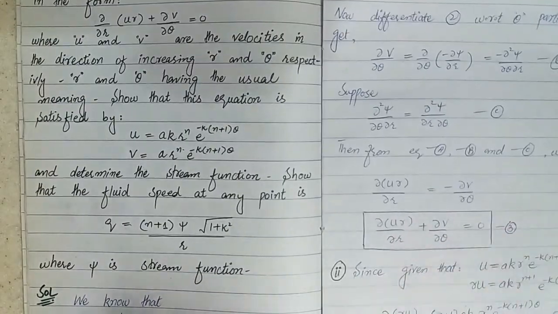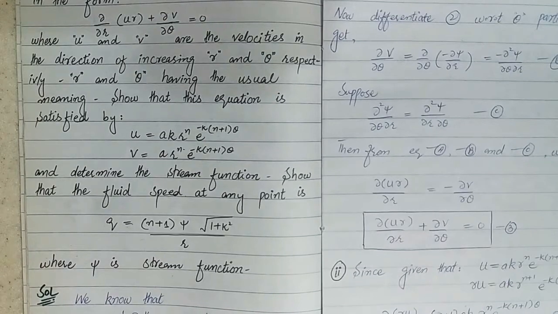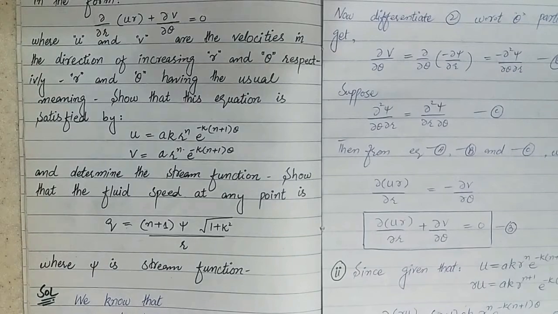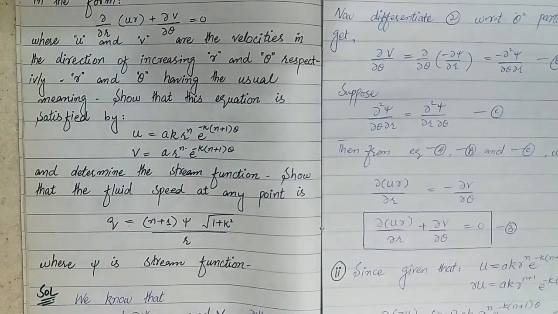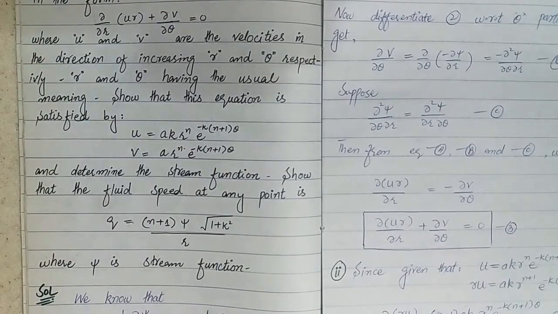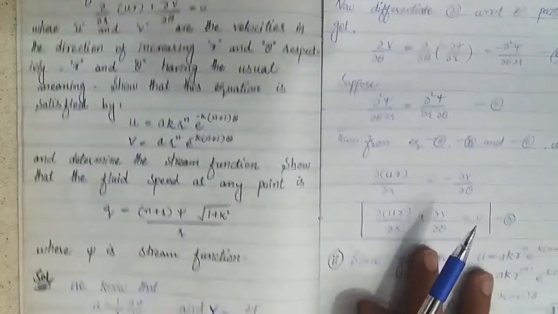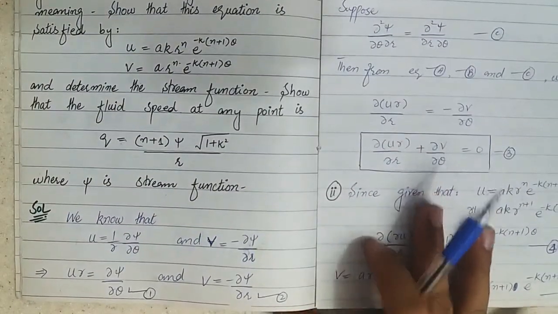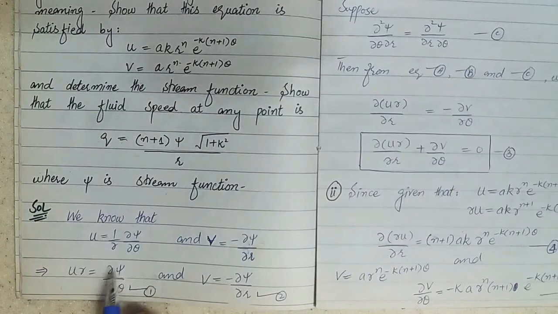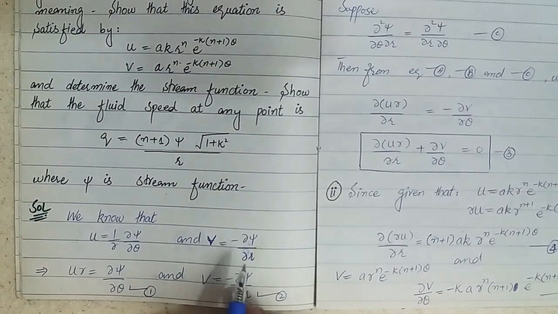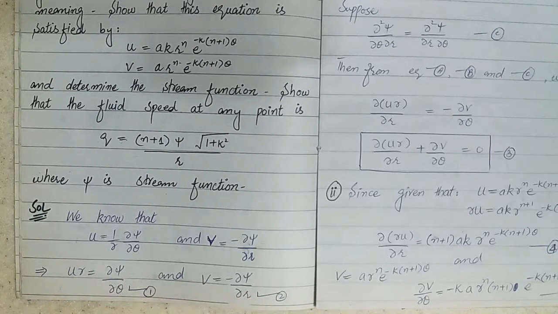As we have already discussed, the u component and v component with respect to r are given. From this equation we get u r equal to partial psi by partial theta, and v equal to minus partial psi by partial r.